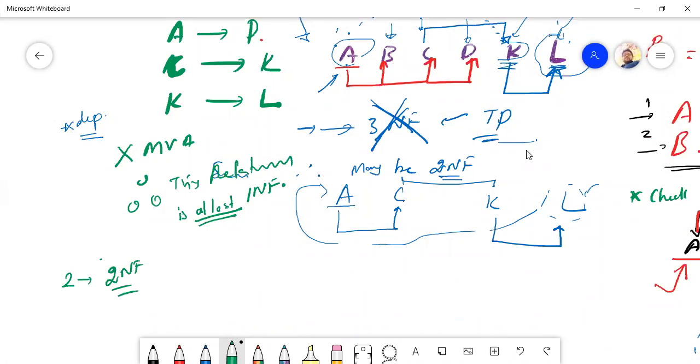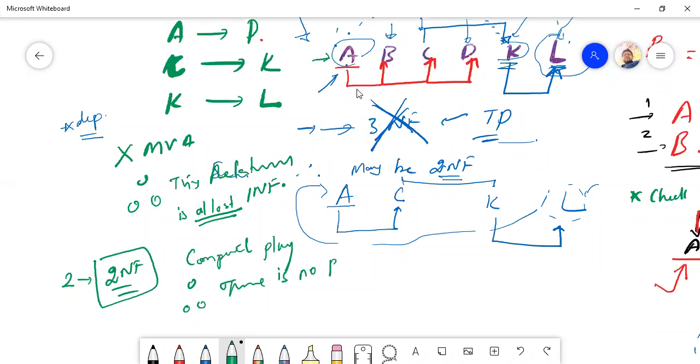It is simple. If you want to check the second normal form, you have to check the composite primary key. Now you can clearly see I don't have any composite primary key here, only a single primary key A. So simply I can say there is no partial dependency.